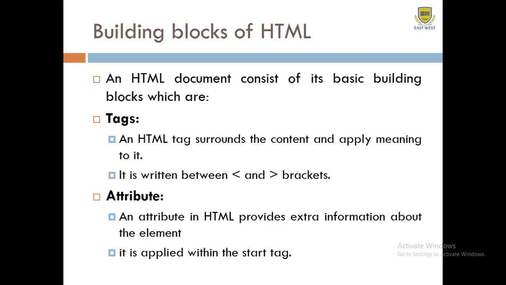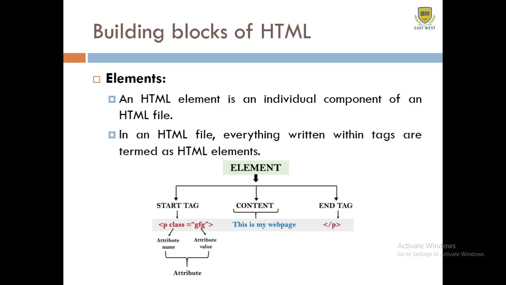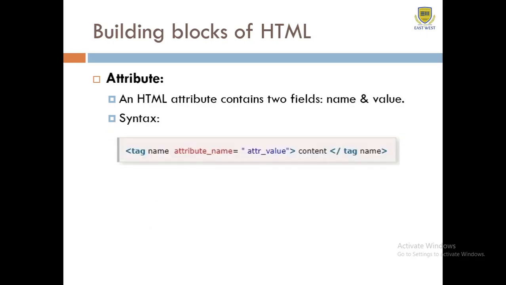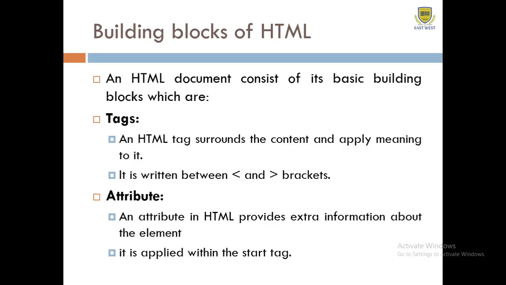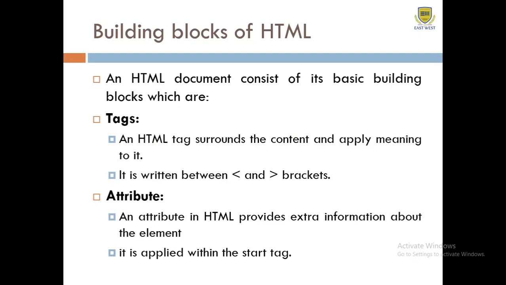There are three: first is tags, second is attributes, and third is elements. Let us study these building blocks of an HTML document one by one.